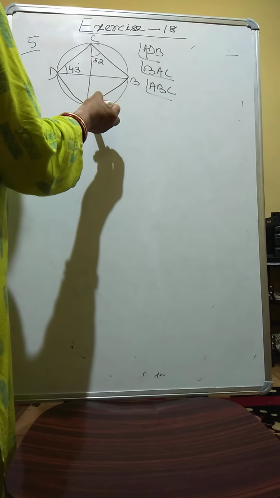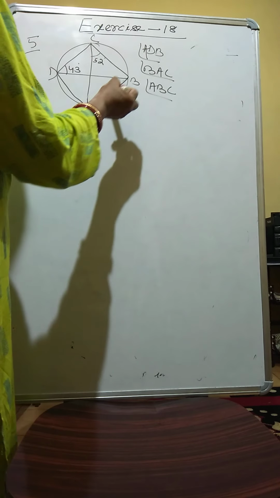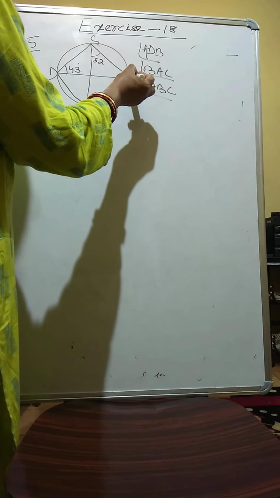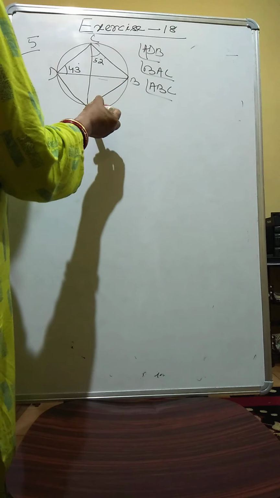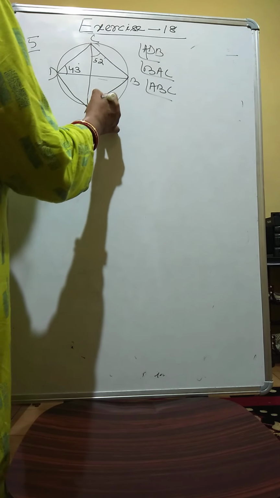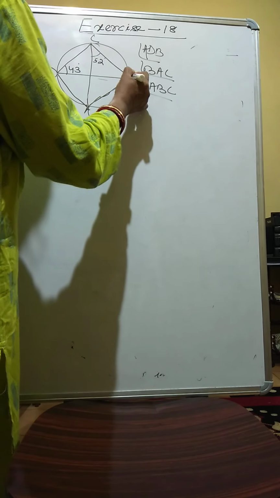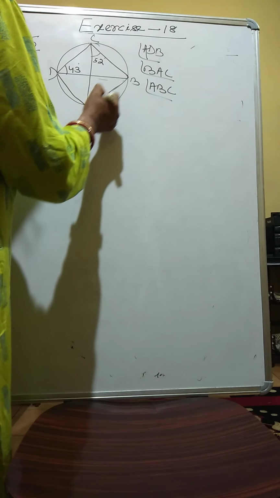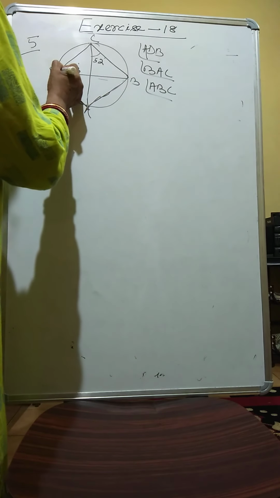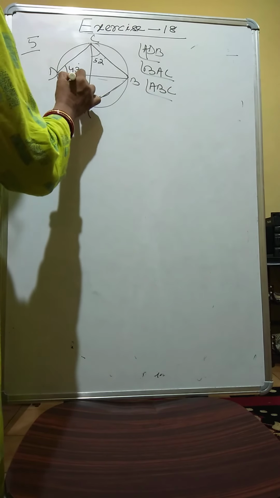ACB angle is lying there, 52. On that AB, which angle is lying? ADB. Check it. AB is the chord. On the AB chord, this angle is lying. Hence, I'll write 52.